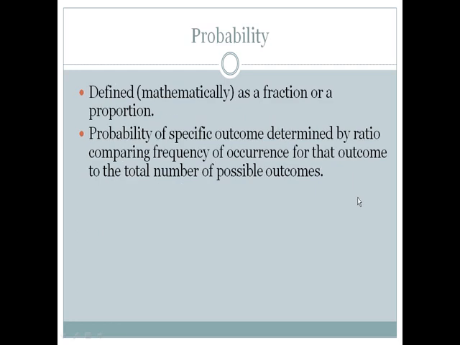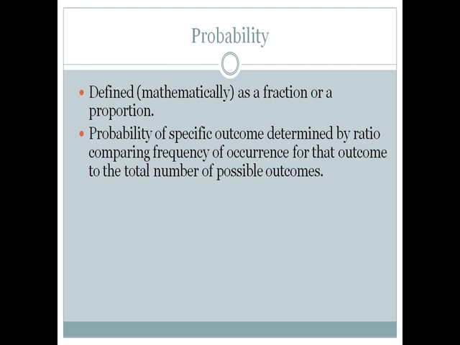The mathematical definition of probability would be a fraction or a proportion, or as we said, the likelihood. The probability of a specific outcome is determined by a ratio comparing the frequency of an occurrence for that outcome to the total number of possible outcomes. Think of it in terms of a coin flip.